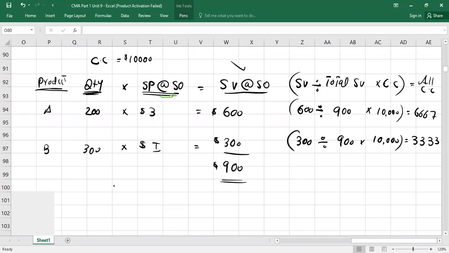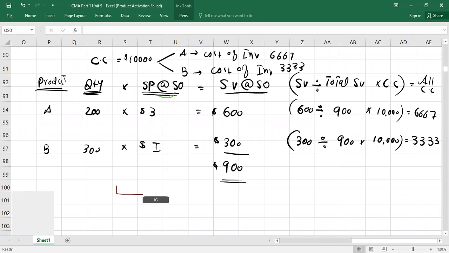It means if I ask you now how much share of the common cost will go to product A, of the 10,000 total, we will take 6,667 to the cost of inventory for product A. And for product B, we take 3,333 to the cost of inventory.